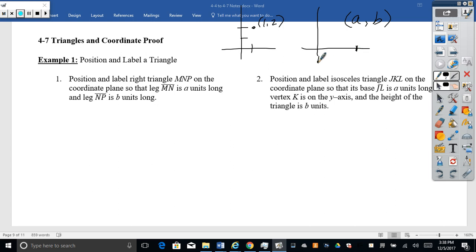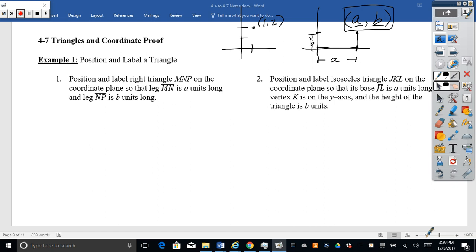It can be different for different problems, but let's say that this is 8 units over. It's the x value. It's how far I travel on the x-axis. The b value is the y value, so maybe it's only up that far. That would be b units there. That's how far we're traveling on the y-axis. So to get to this point right here, we're going to go over A and up B, and that's how you get the ordered pair A, comma B. That's what that means.